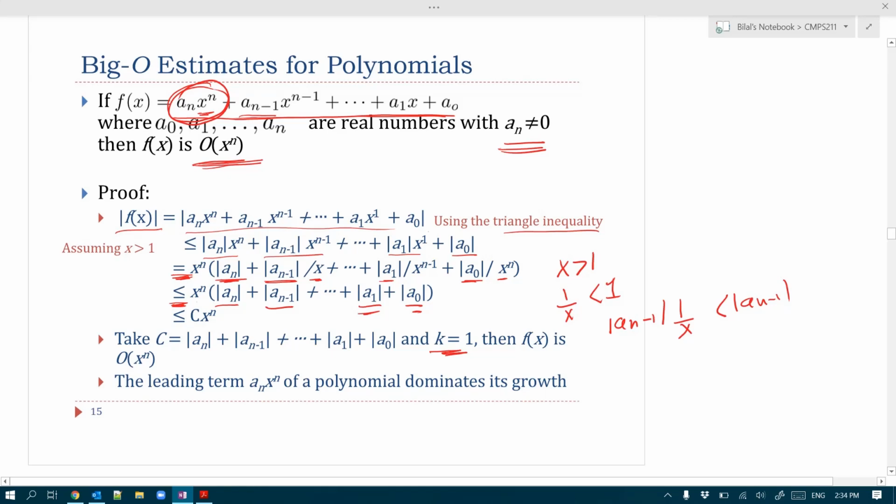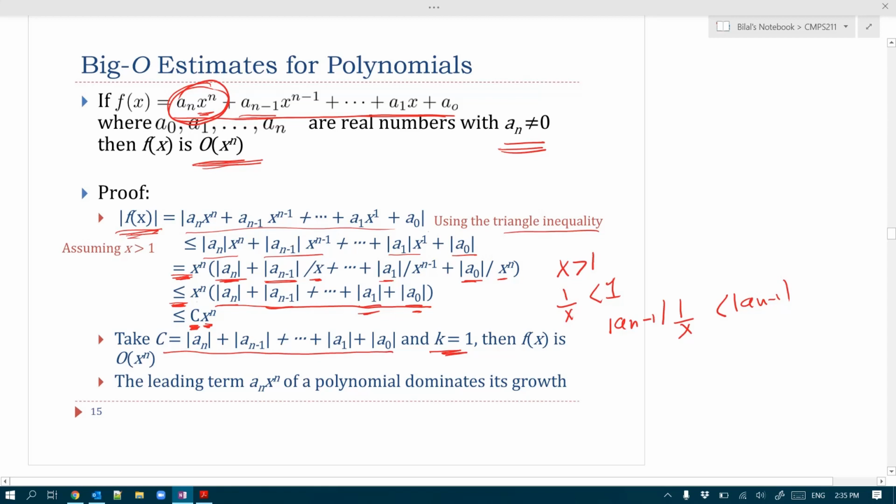by themselves, and then we can finally get to this form where the sum of the coefficients gives you a certain constant c that when multiplied by x to the n gives you a function that is majorizing, that is dominating f of x. So it's sufficient to consider the constant to be the sum of all those coefficients.